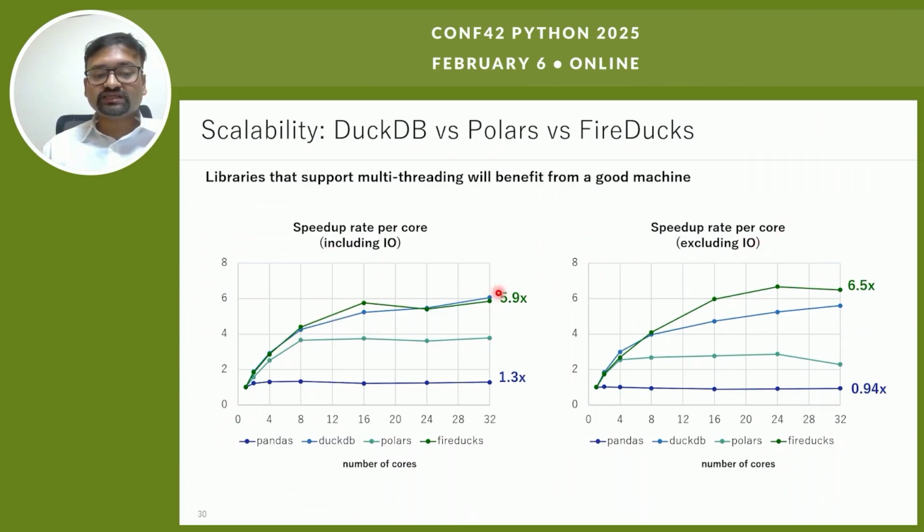But DuckDB and FireDucks show good scalability when we increase the number of threads during execution. Polars also scales, but after some extent it doesn't show that much scalability, at least for the TPCH benchmark. Up to 8 cores it was fine, but after 8 cores the scalability was not quite good.